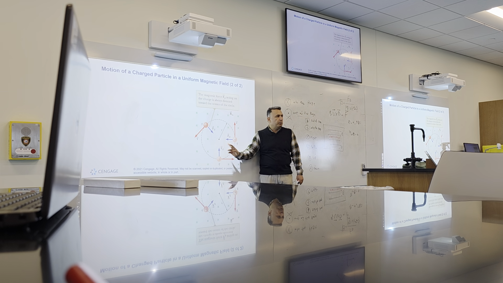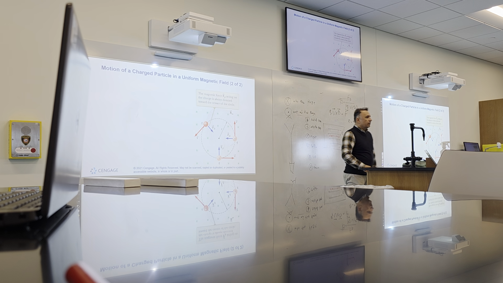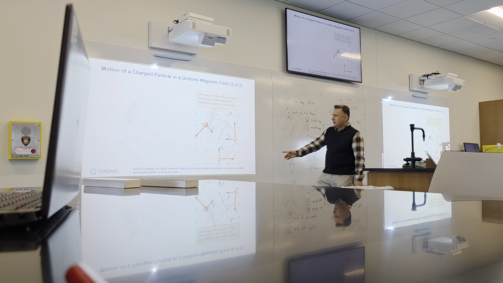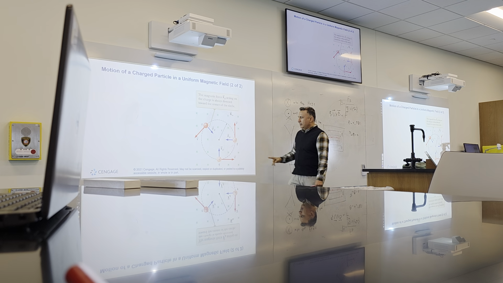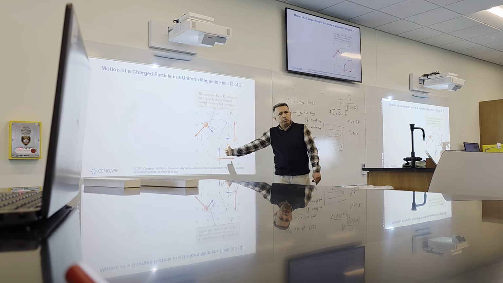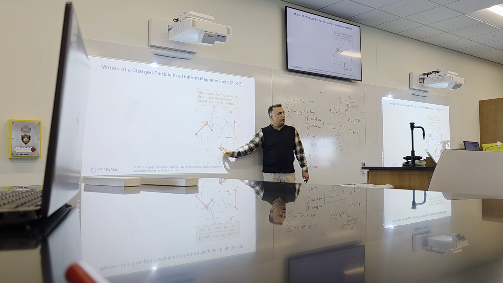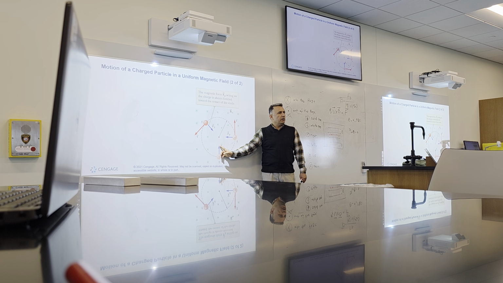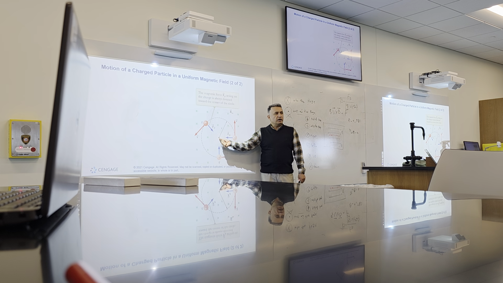Why is the force upward? Do the right-hand rule. V is to the right. Magnetic field into the page. So the force should be upward, right? So the force pushes it upward, toward the center.